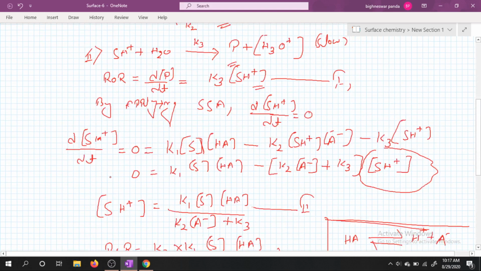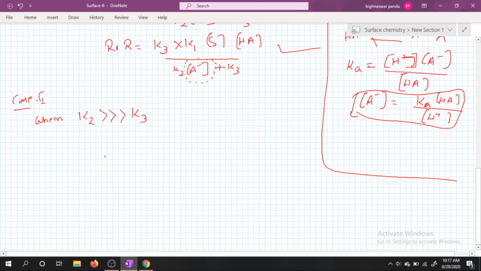This is our reaction: S plus HA reversibly gives SH plus and A minus, and this is our K1.